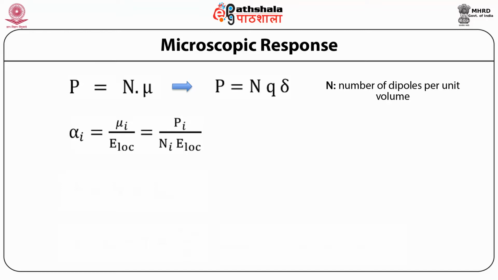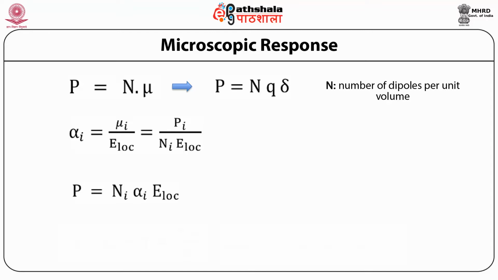The magnitude of the local field can modify quite significantly the polarization of the surrounding medium. As a result, P can be expressed as P equal to N i alpha i E local. Note that this equation relates the macroscopic parameter P to the microscopic parameters N, alpha and E local.